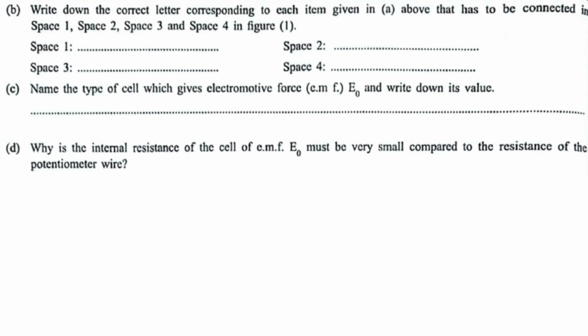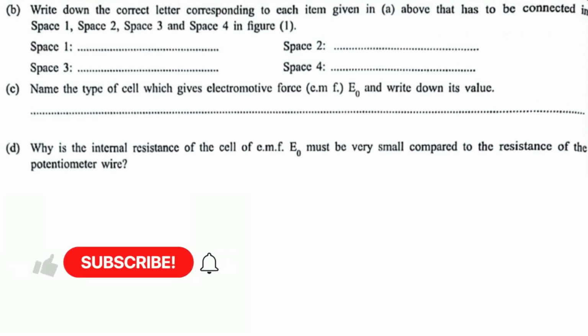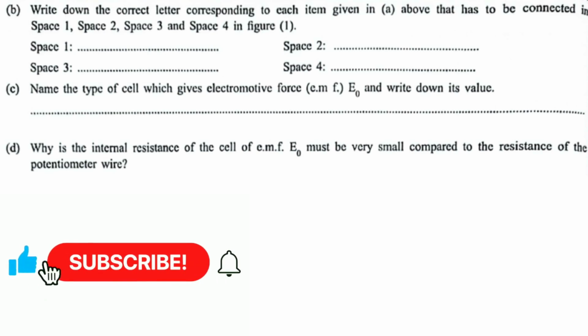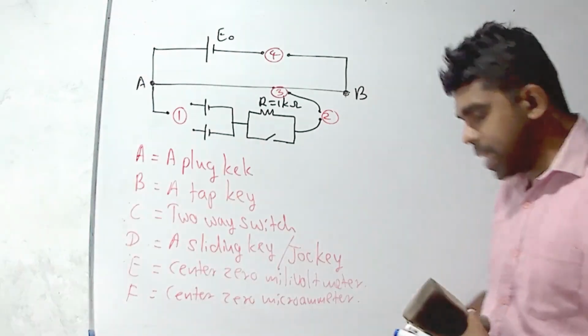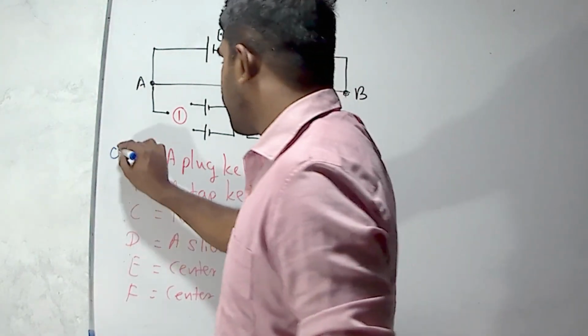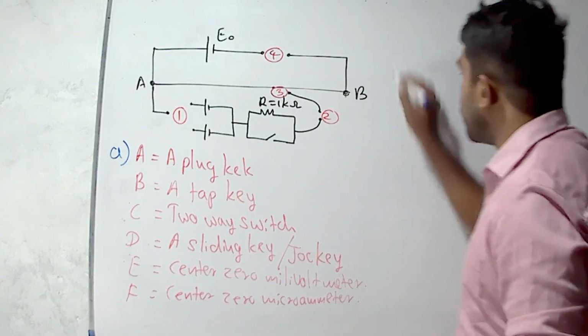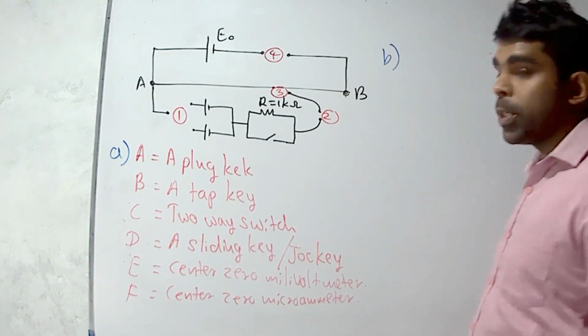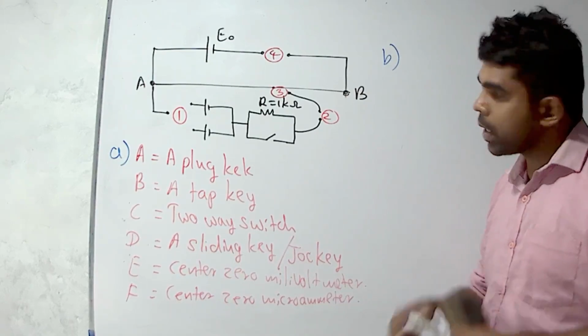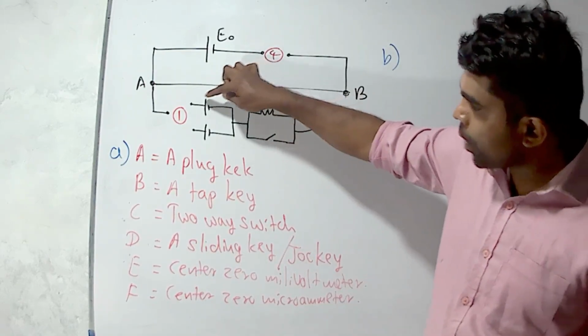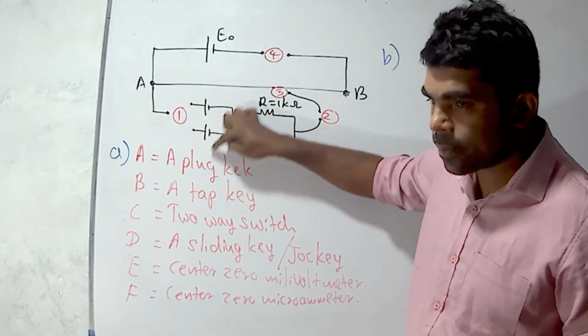Then part B. Write down the correct letter corresponding to each item given in A above that has to be connected in the system, in space 1, space 2, space 3 and space 4. In space 1, we have to use a two-way switch because we are trying to compare the electromotive force of this cell and this cell.